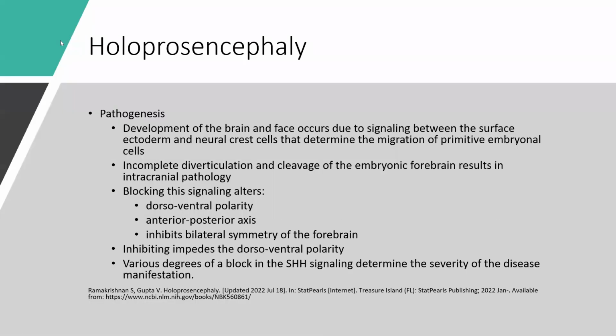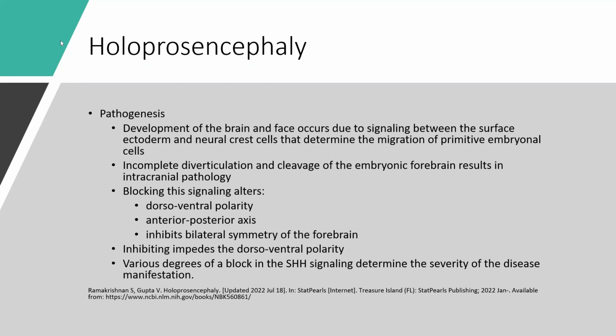So pathogenesis, how does this actually occur? So development of the brain and the face occurs due to signaling between the surface ectoderm and the neural crest cells that determine the migration of the primitive embryonal cells. Incomplete diverticulation and cleavage of the embryonic forebrain results in intracranial pathologies.